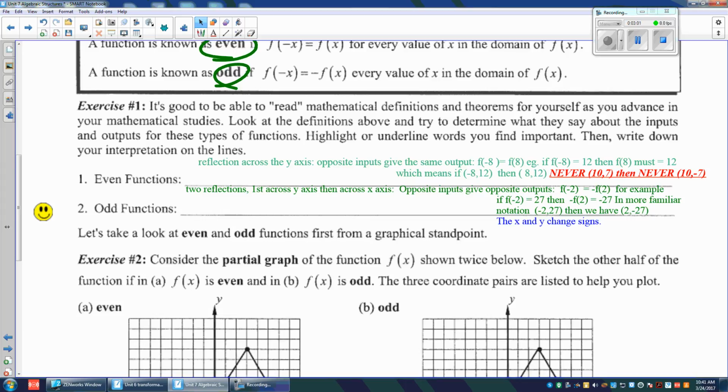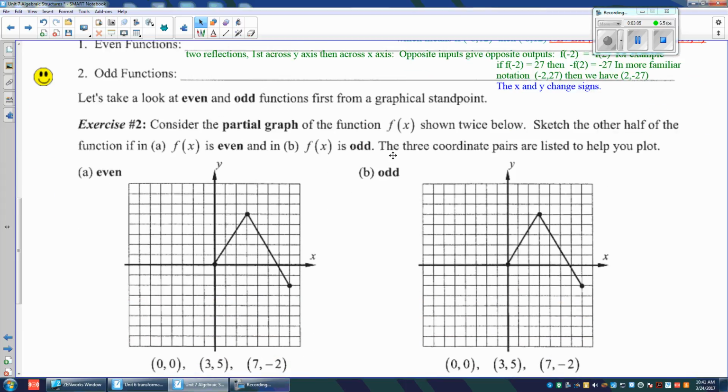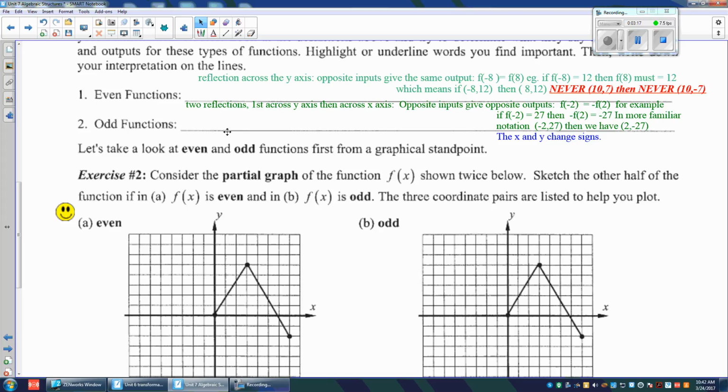Let's take a look at even and odd functions from a graphical point of view. So this is asking us, here's an even function and it only graphed part of it. What does the other part look like? So we've got to graph the other part. Always keep in mind that if we have negative 8, the output is 12.